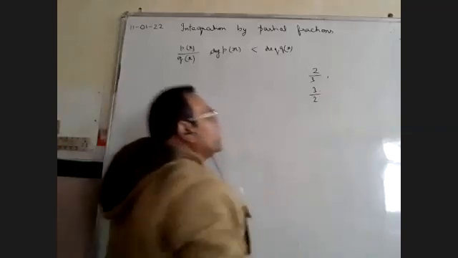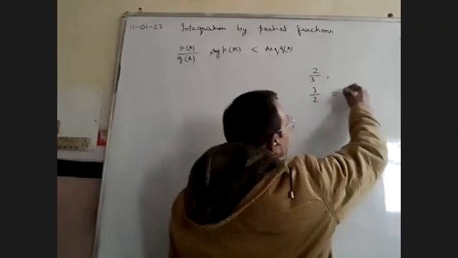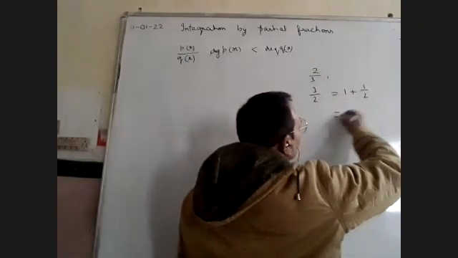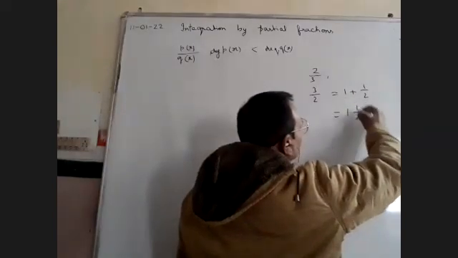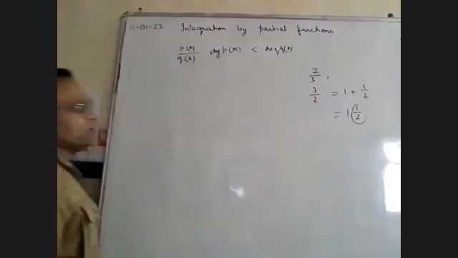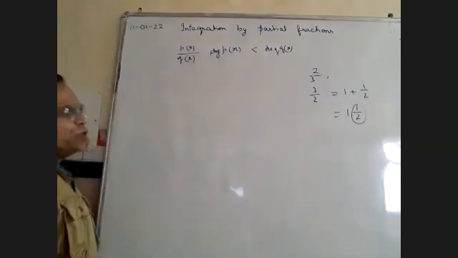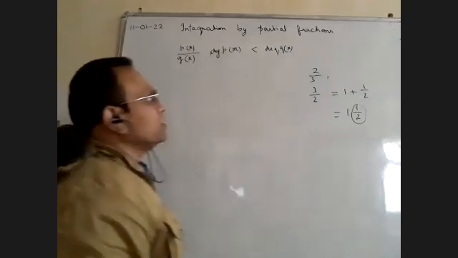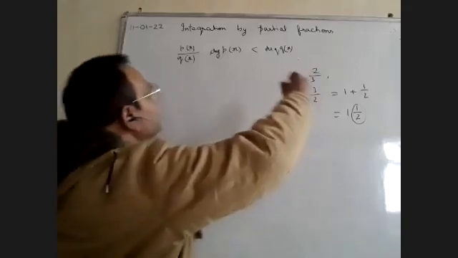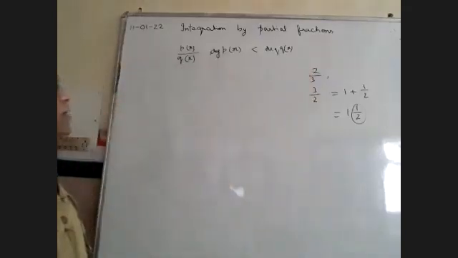We divide 3 by 2, we get 1 plus 1 upon 2, or 1 whole 1 upon 2. Then 1 upon 2 is a proper fraction.